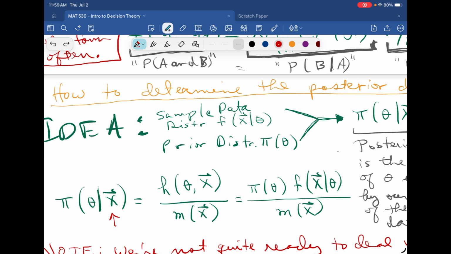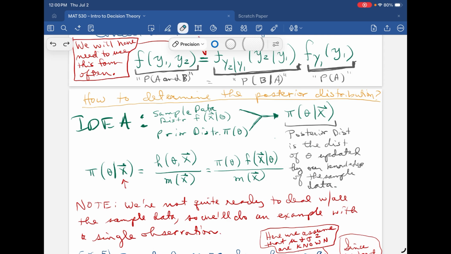Okay, so once you understand joint distributions and marginal distributions and conditional distributions fairly well, then conceptually it's not too difficult to grasp what's going on here, but the practical application thereof can sometimes get a little hairy, as we will see in the example.